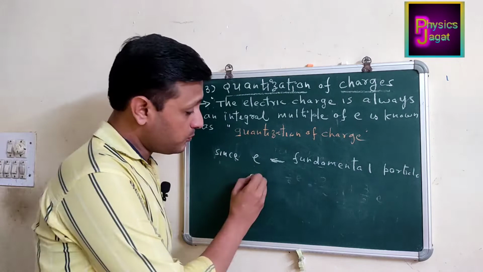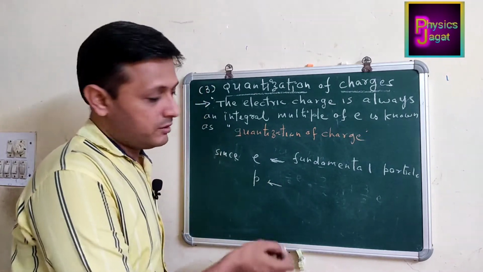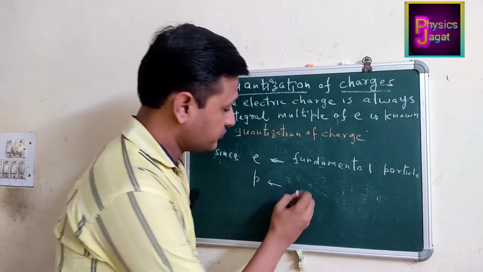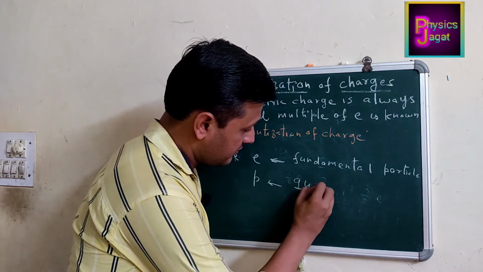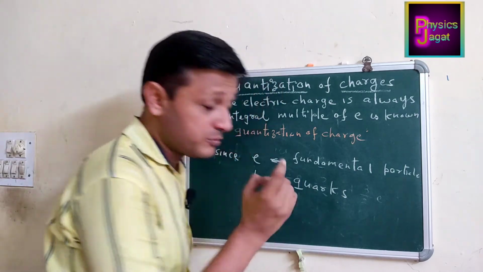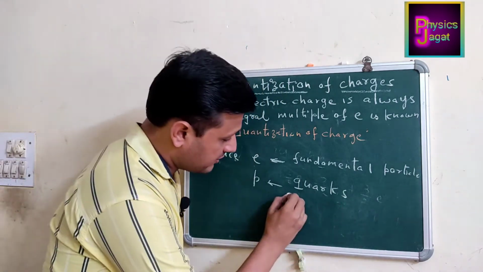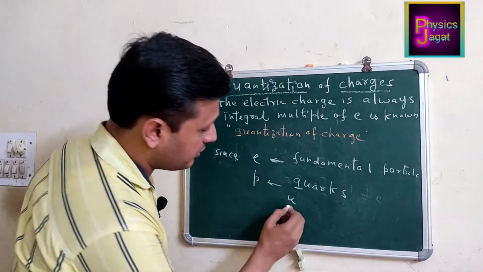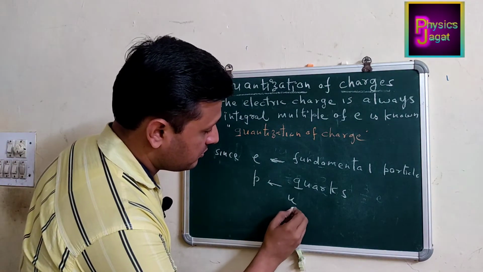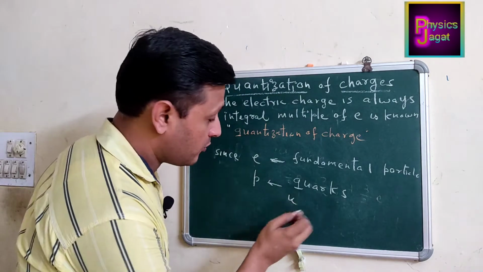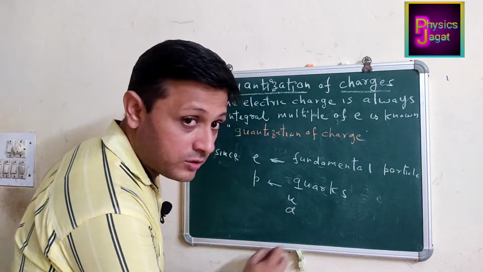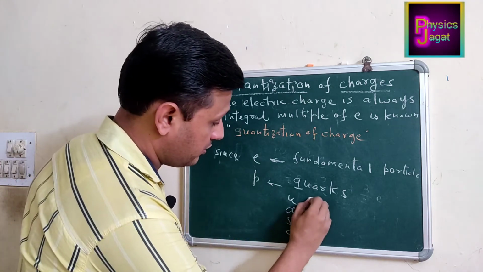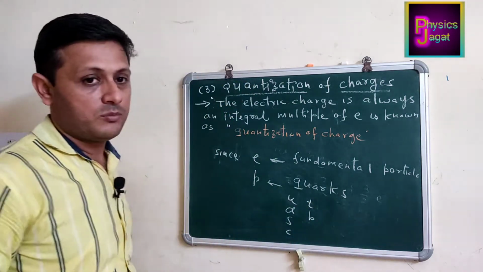But what about the proton? A proton is made up of 3 quarks. Now, what are quarks? Some of you might have heard the name. There are six types of quarks: up quarks, down quarks, strange quarks, charm quarks, top quarks, and bottom quarks.